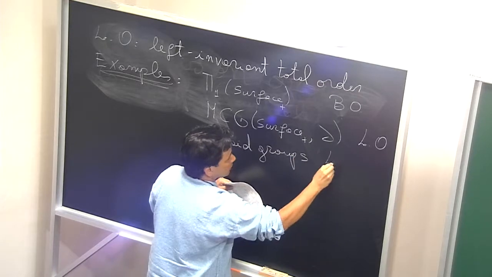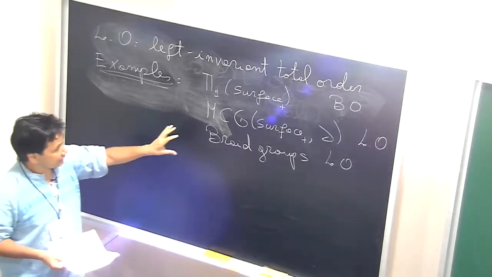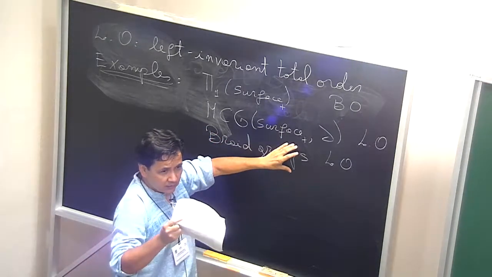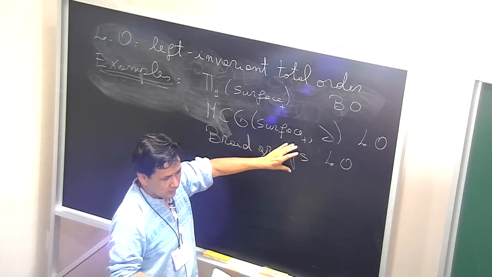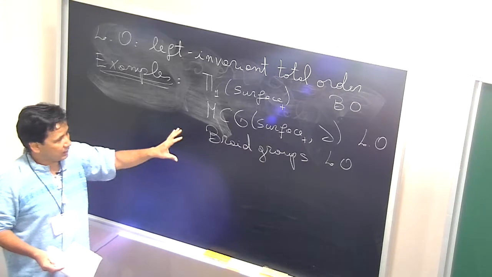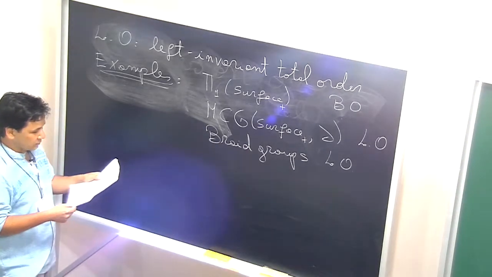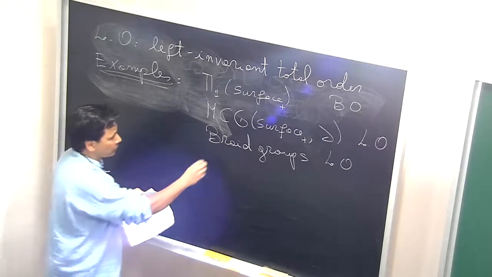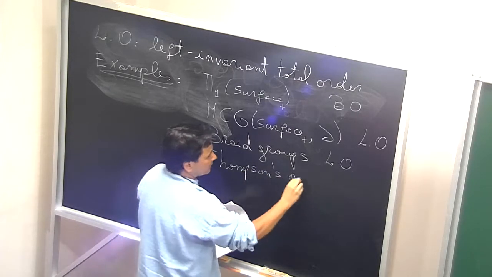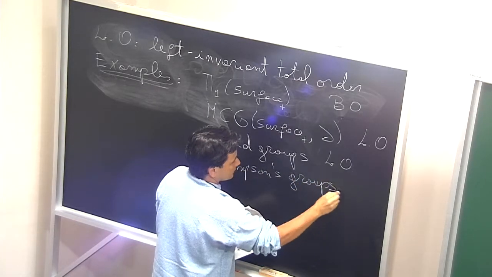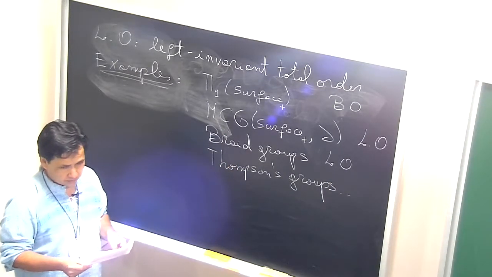These are left orderable, and this is a fascinating story because this was proved by Patrick Dehornoy using methods from set theory and logic, and Thurston came out with a geometric method to order these groups. And Thompson's groups. I hope someone will say a few words about these groups and many other groups that appear in the literature.